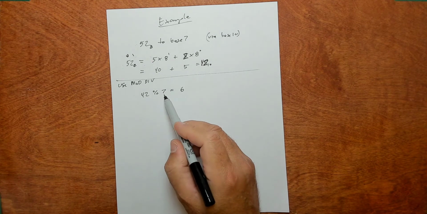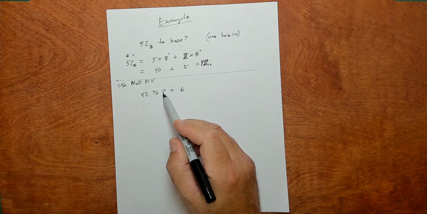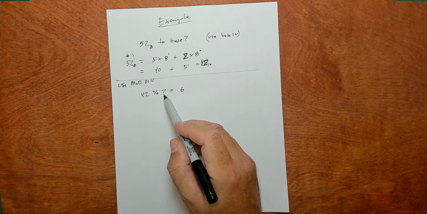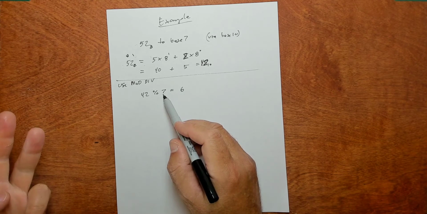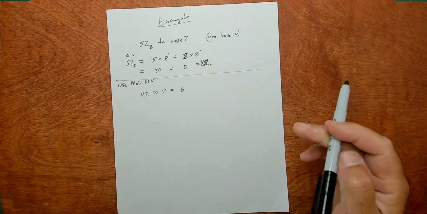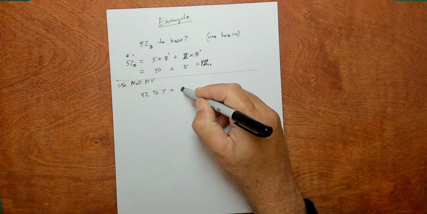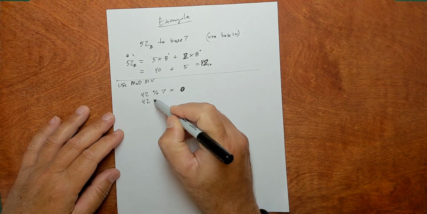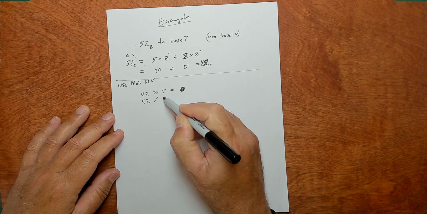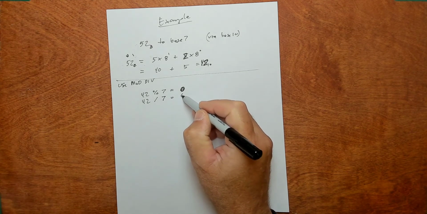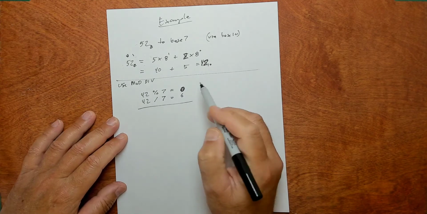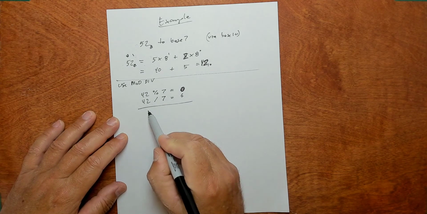Because 7 times 5 is 35, 36, 37, 38, 39, 40, 41, 42. Right? So 42 divided by 7 is 6, right? You guys got to check me on my arithmetic.